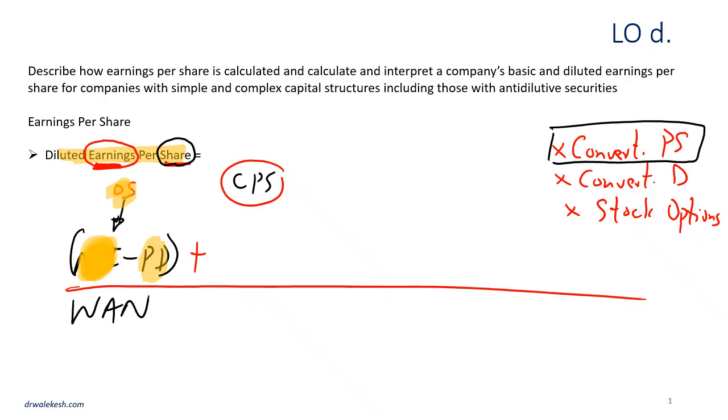The earnings available to them is called preferred dividends all over the shares. So this will be shares issued if the convertible preferred stock are converted.